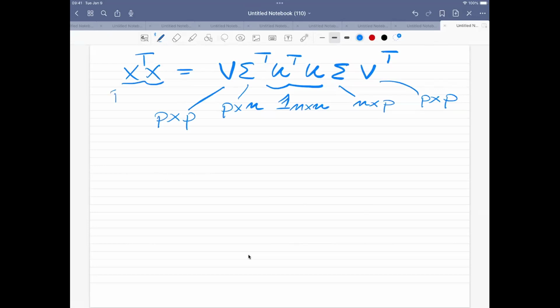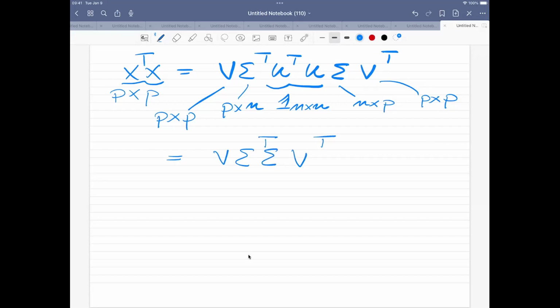And these final ones here have dimensionality p times p. So one thing we know is that this one just gives us the identity matrix, but when we now perform these multiplications, what this means is that we are just left with V sigma transpose times sigma times V transpose.